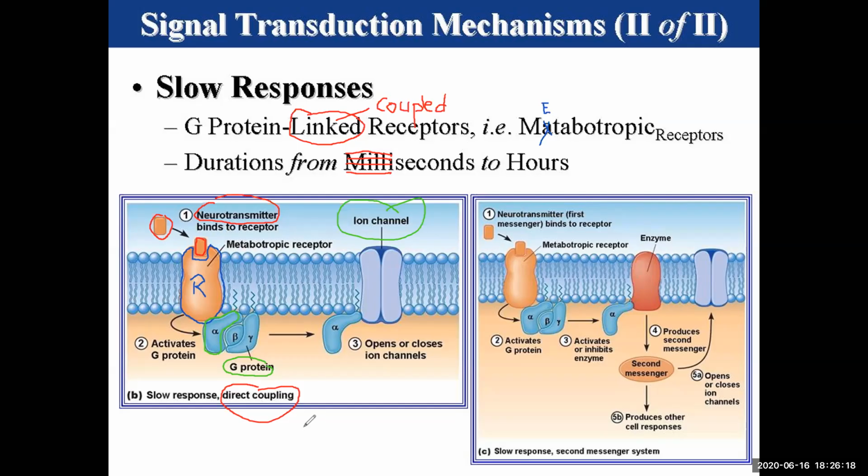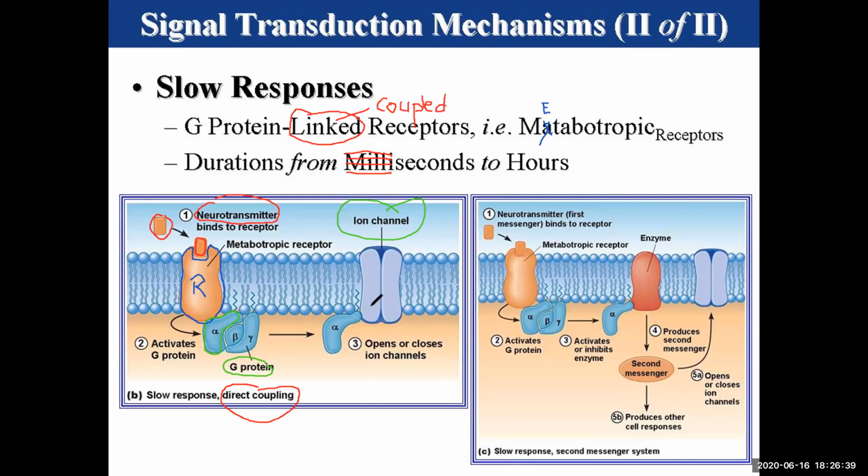Meaning the G protein directly leads to a response, meaning it opens an ion channel, right? When the channel opens or closes, it induces in the cell a direct response. We call it direct coupling.